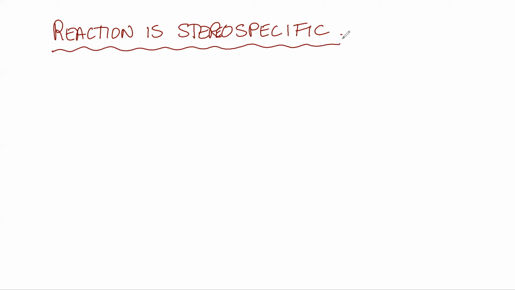So the reaction is stereospecific. So I'll do this with a ketone, and I'll do another reaction over here with a different one just to show you what I mean.